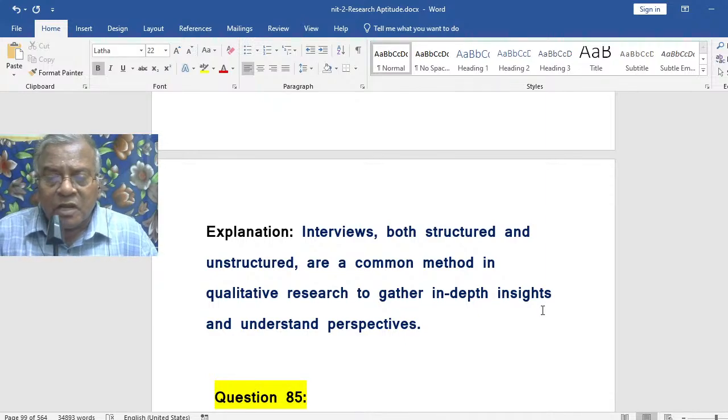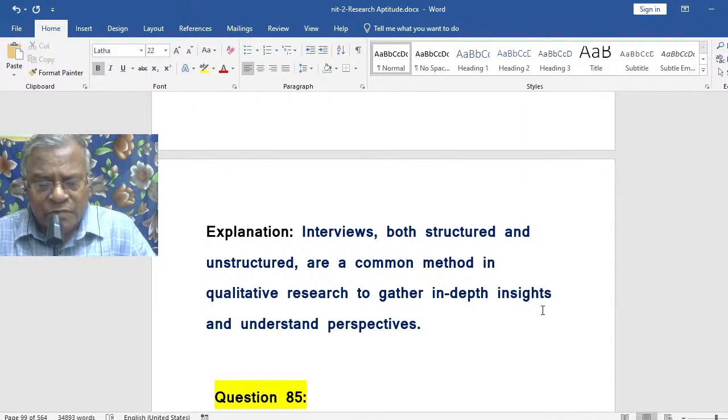understand perspectives. What do you mean by structured and unstructured interview? If you prepare a set of questions in a logical style, then it is a structured interview. But according to the need of the hour, according to the situation, you have your own questions in the interview.